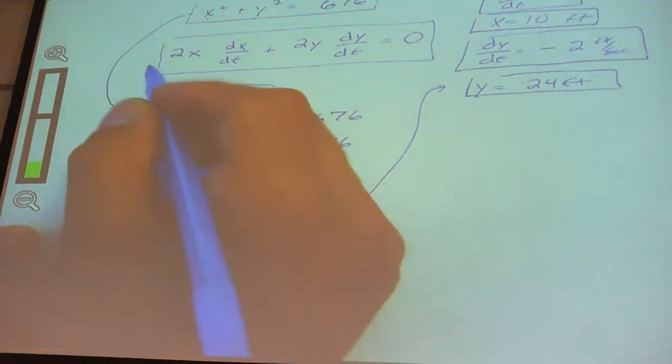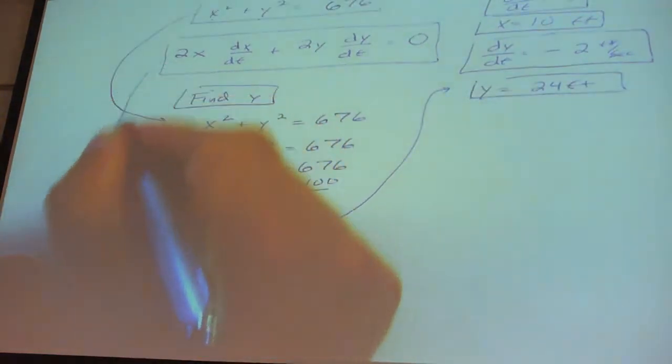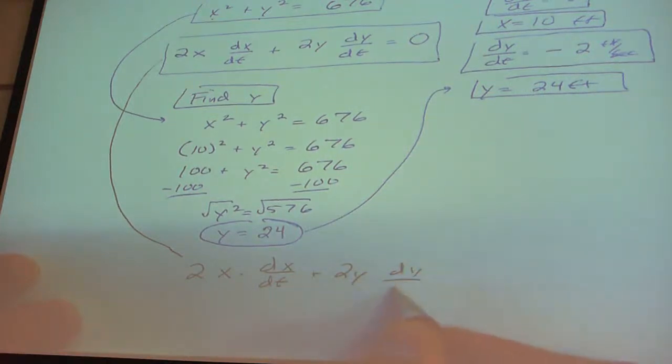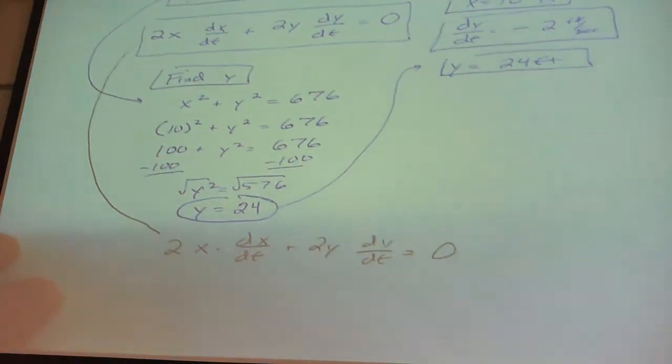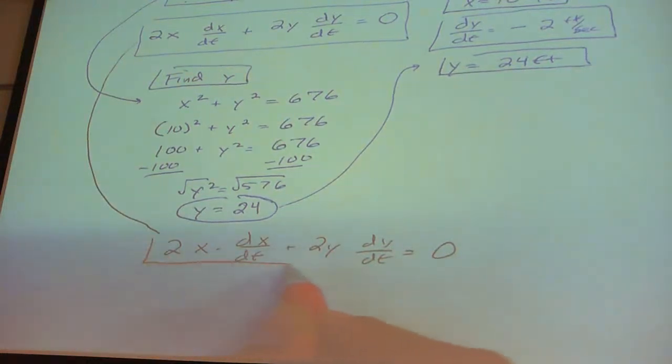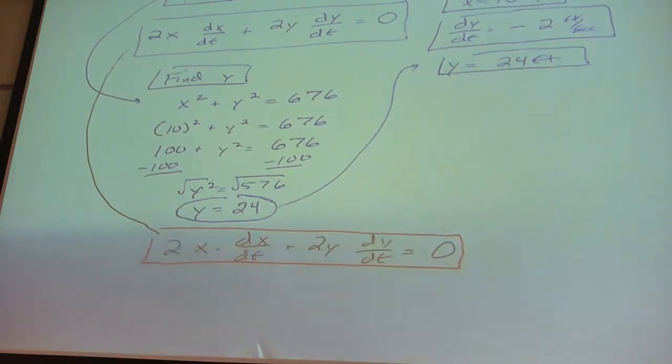So now we're going to use this equation, 2x times dx over dt plus 2y times dy over dt equals 0. And we're going to plug in everything we know. So 2 times what's x? 10.